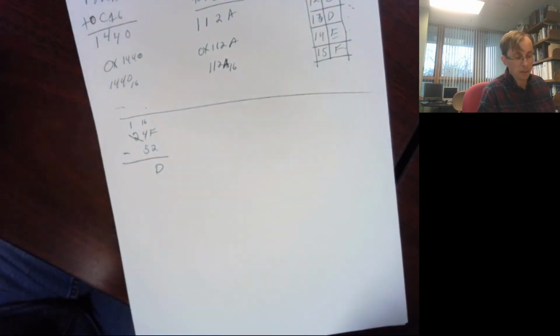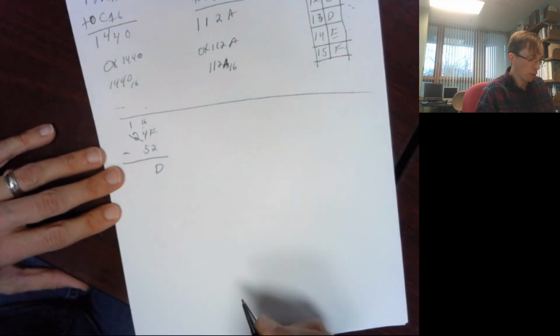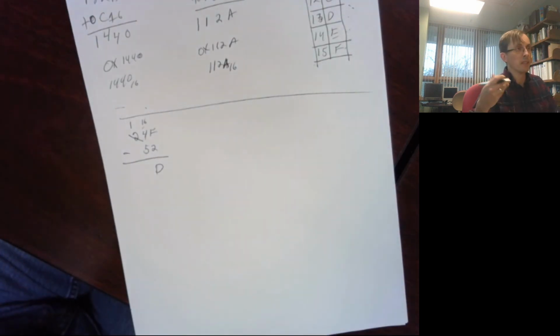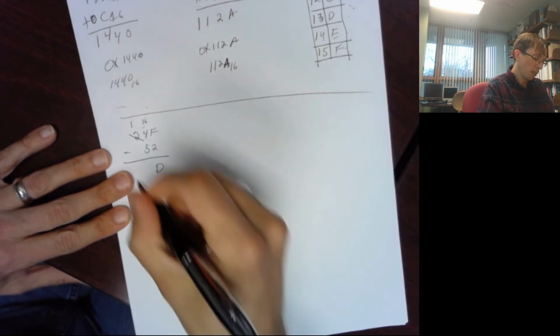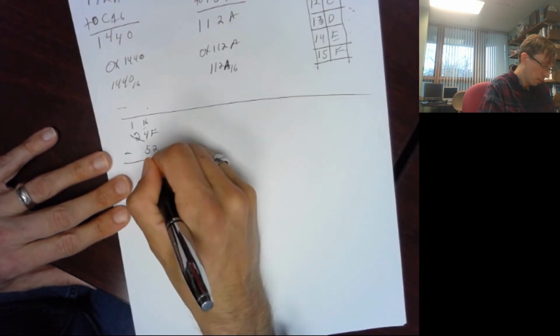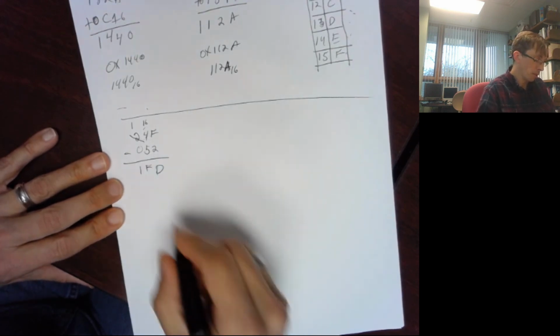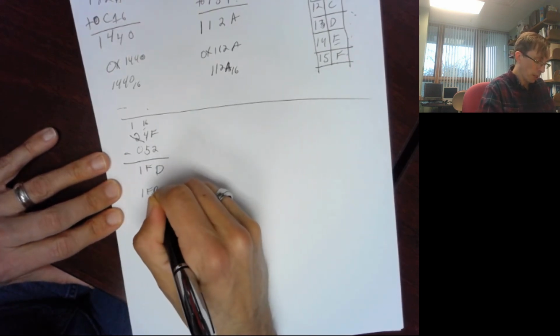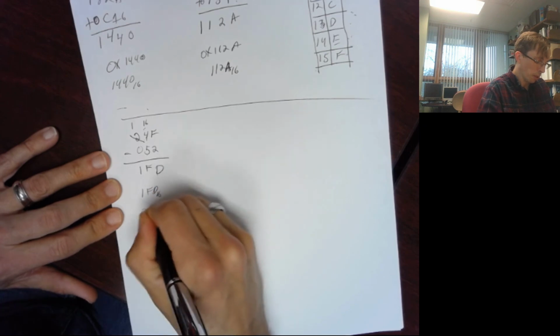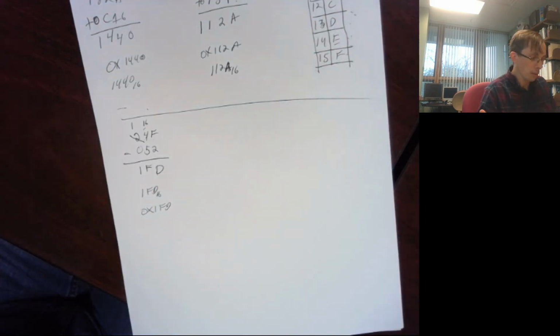I write down 16s to help me think, so 16 plus the 4 is 20, minus the 5 is 15 in decimal, which is F. And then the 1 minus the implied 0 there is just a 1, right? So 1FD sub 16 or 0x1FD, however you want to do it.